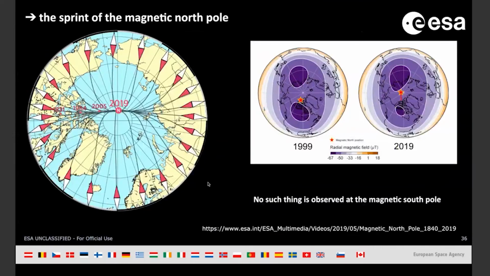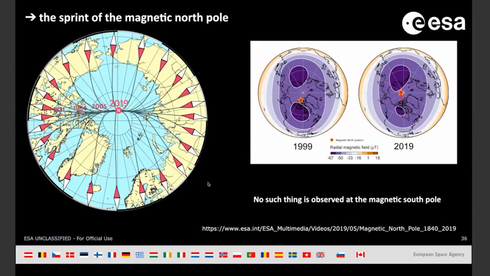To give you some results of what we have been able to find out, I call this slide the sprint of the magnetic North Pole. On your left, you see an evolution of the location of the magnetic North Pole since 1831. In about 153 years, from 1831 to 1984, there was a pretty stable motion of the location of the magnetic pole.